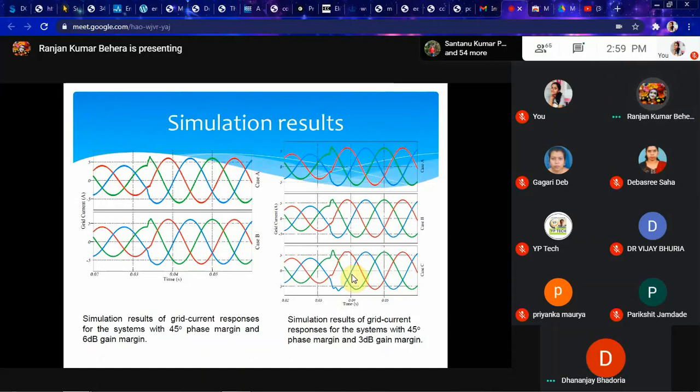And you see here, this is the simulation result of the grid current response, for the system with 45 degree phase margin and 6 dB gain margin, and this one is for 45 degree phase margin and 3 dB. You can see that when you have a large gain margin, the system stabilizes very quickly. When you have a smaller gain margin, the system oscillates for some time.